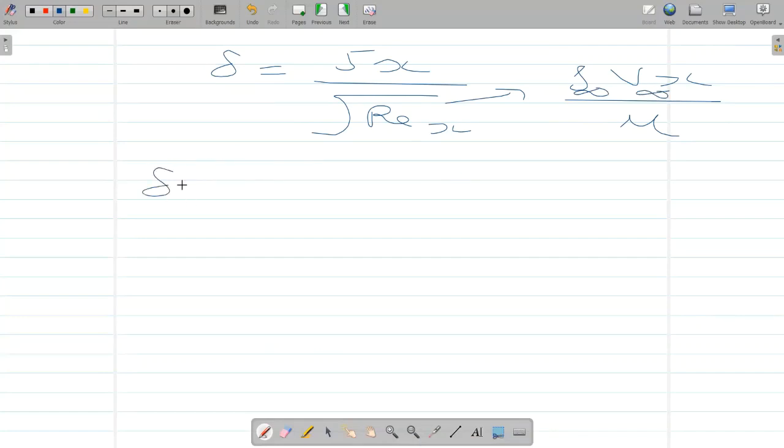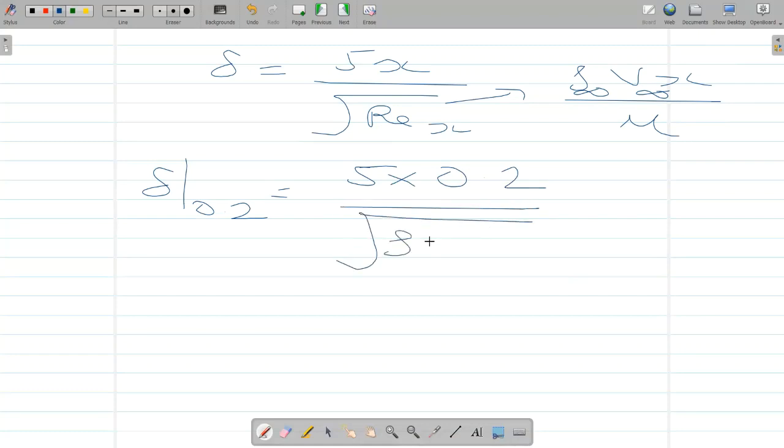So let's look at the quantities that we have. Delta at 0.2 meters from the leading edge is given by 5 into 0.2 divided by root of rho infinity v infinity 0.2 divided by mu.